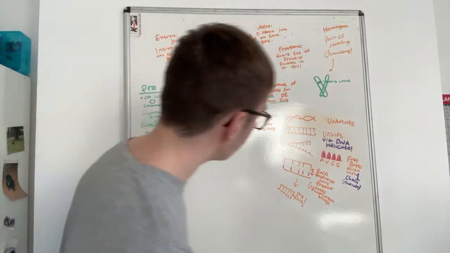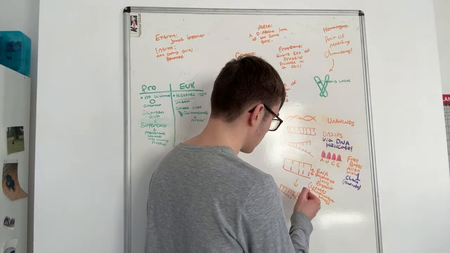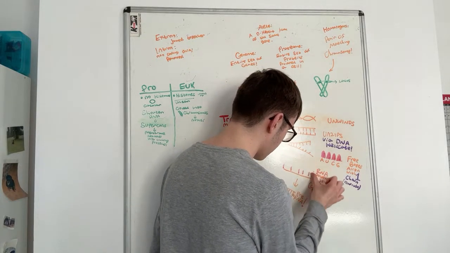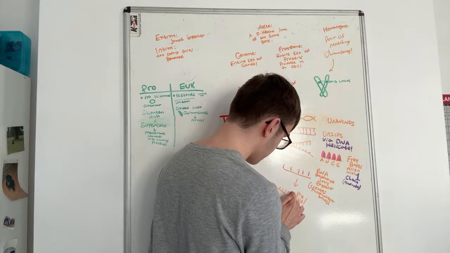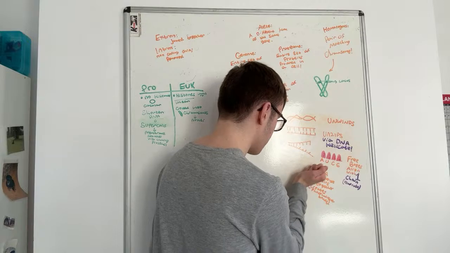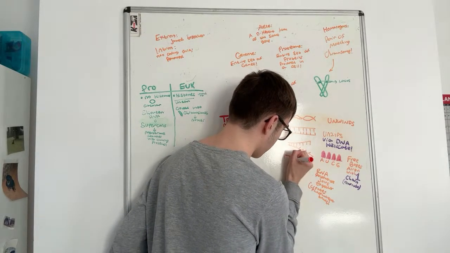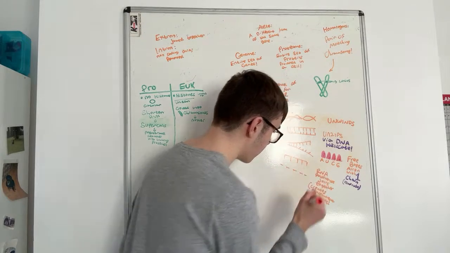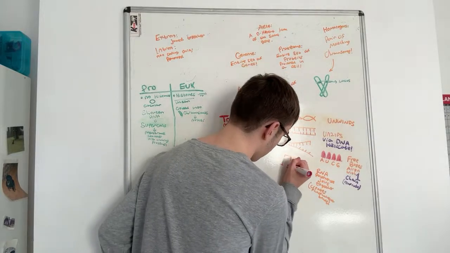Hold on, I've kind of drawn this diagram wrong here. You see, what actually happens, and this actually makes a lot more sense, is it's a singular chain. Then these individual bases are the things that get joined.